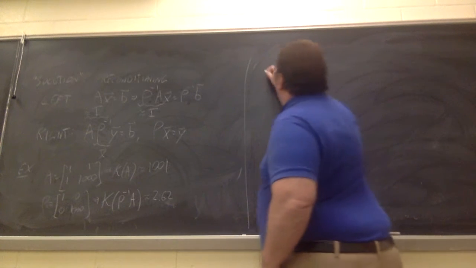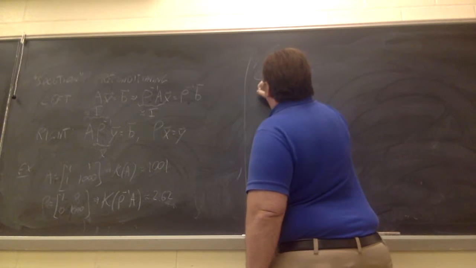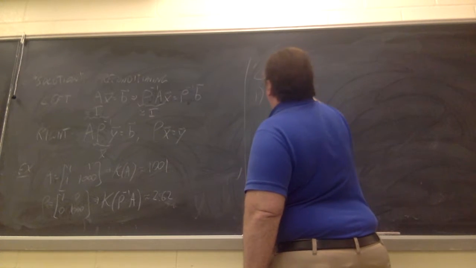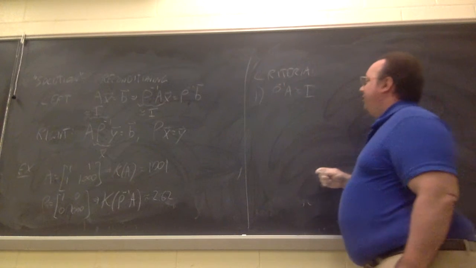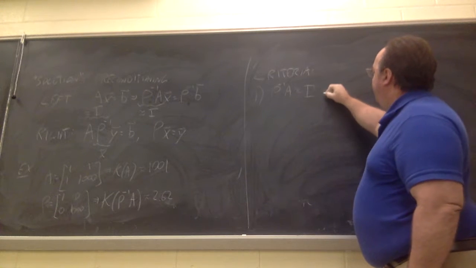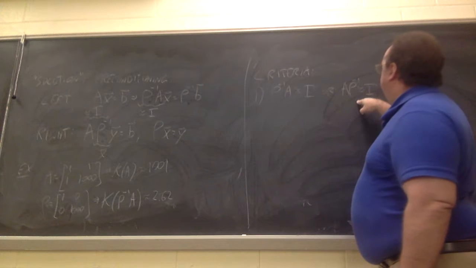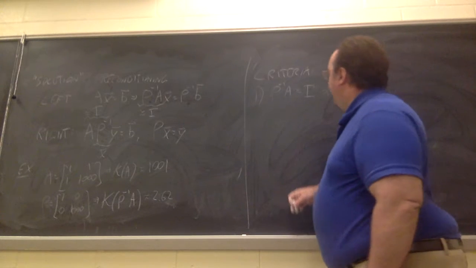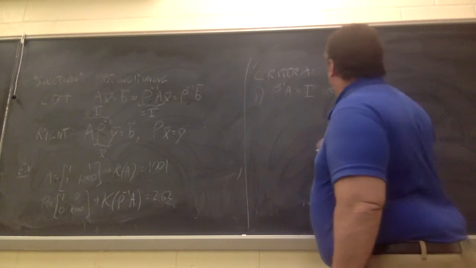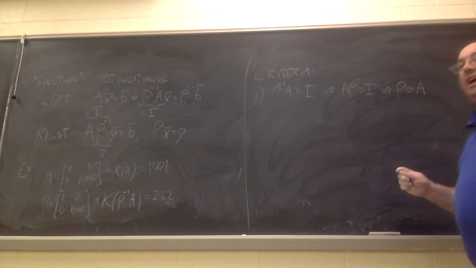So my criteria is, P inverse A should be roughly identity in the case of left preconditioning, or A P inverse should be roughly identity in the case of right preconditioning. So that suggests, in either case, P should be some approximation of A.